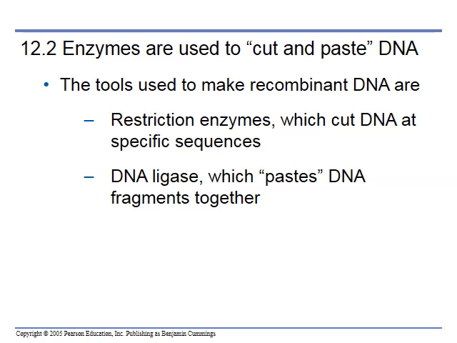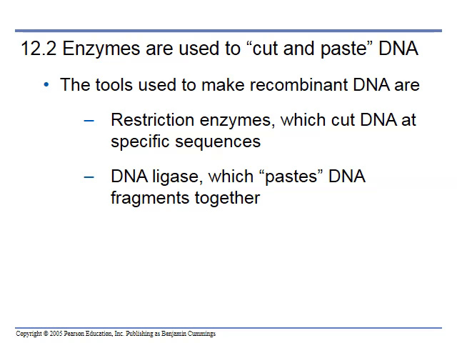Okay, enzymes are used to cut and paste DNA. You use what's called a restriction enzyme, which can cut DNA at a specific sequence. Then you use DNA ligase, which pastes the new fragment together. So we're going to choose a spot we want to cut the DNA.